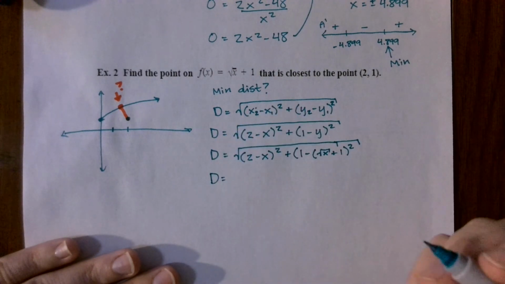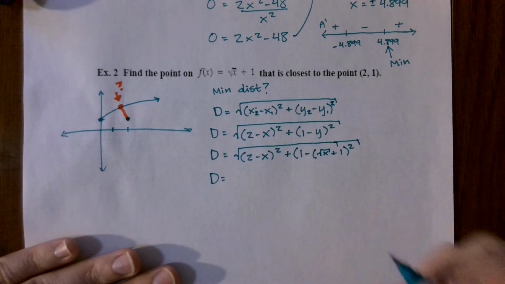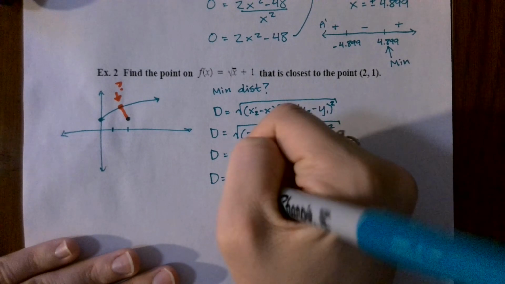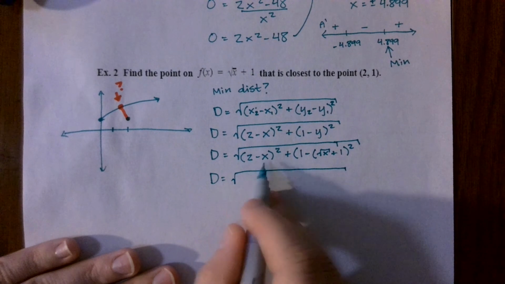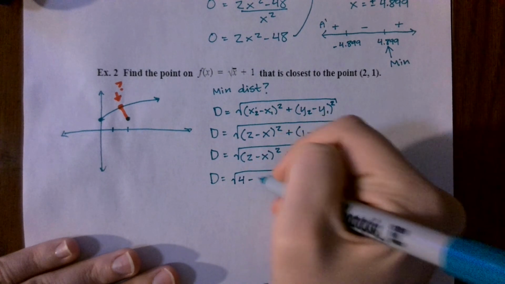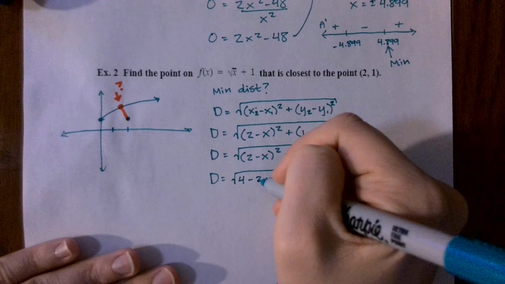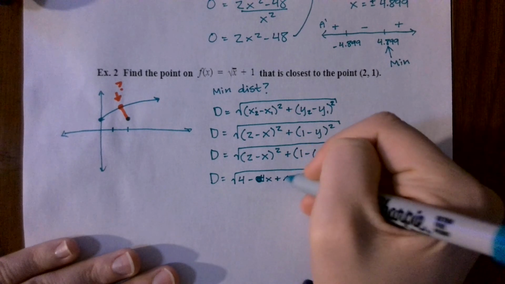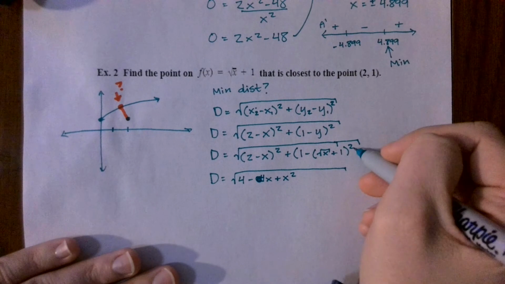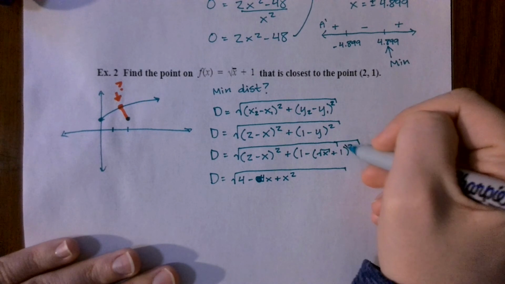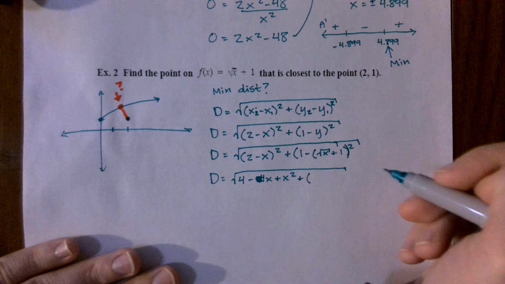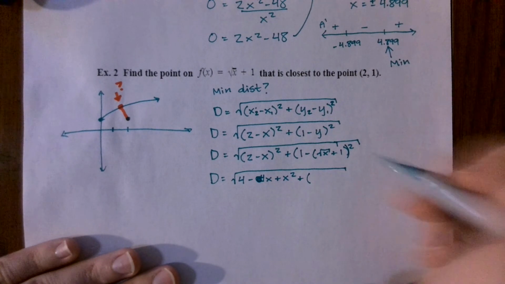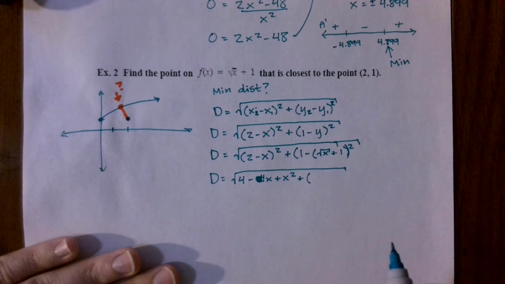And again, this is going to be a situation where it will be easier to simplify before I take the derivative rather than taking the derivative of this. So we've got that (2 minus x) squared will be a 4 minus 4x, plus x squared. And then over here, I'm missing a parenthesis first of all: (1 minus my square root of x) minus 1, so my 1's will subtract to be 0.